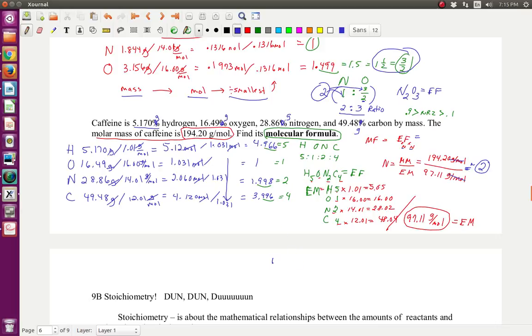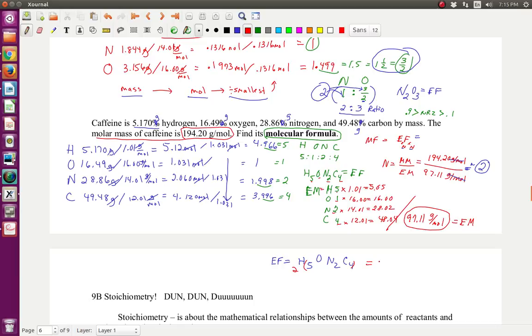So here's the empirical formula was H5ON2C4. Now I'm going to multiply all the subscripts by the 2 that we just figured out. All the subscripts by 2.